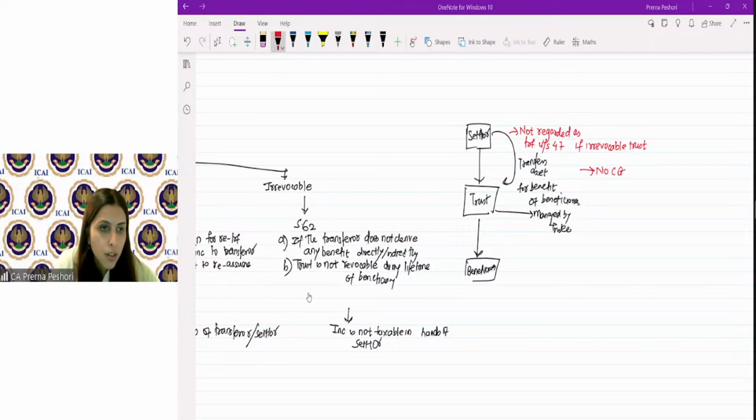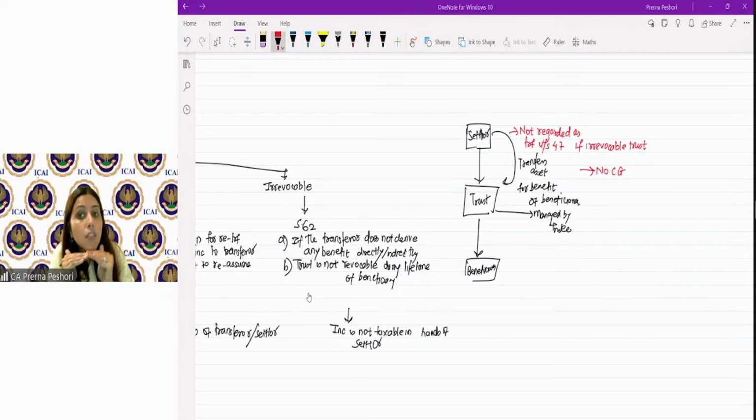There is one more important point over here. As I told you, when the assets are transferred to the trust, and when the beneficiaries are recipient of that particular asset. Now, when the assets are transferred to the trust, in the hands of the settlor, there will not be any capital gain.